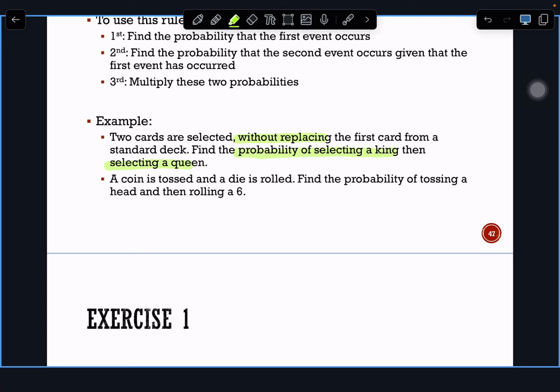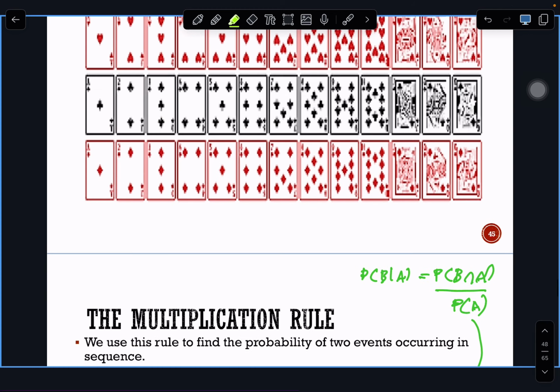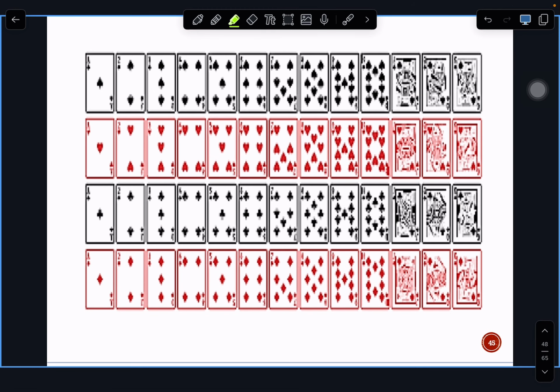Because without replacing, one card is already out. Or you can use the diagram here and count how many kings. This one is not very clear. Which one is king? Oh, J, Q, K. Okay. 1, 2. I believe you, 52.